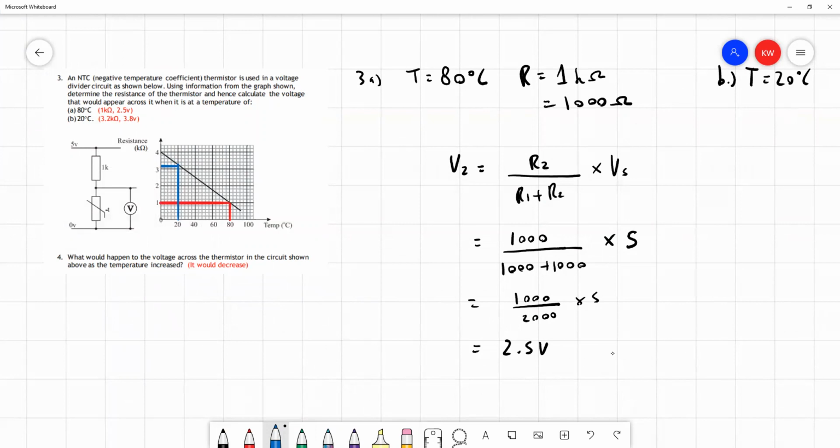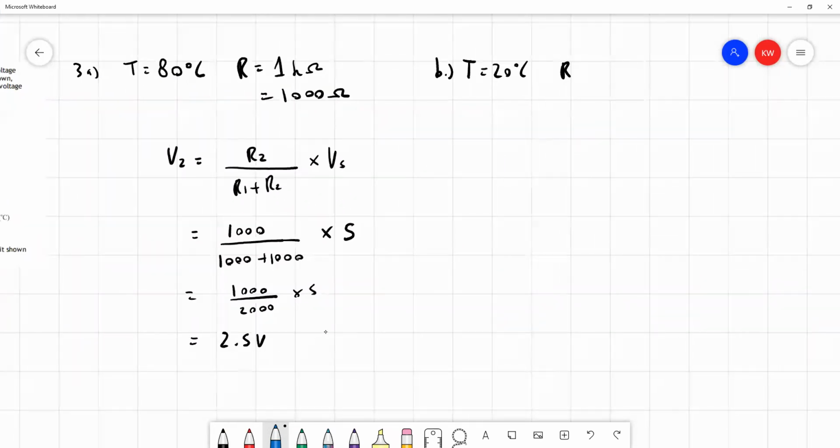So, as we're probably expecting to see, the resistance here is 3.2 kilo ohms, which is equal to 3,200 ohms.